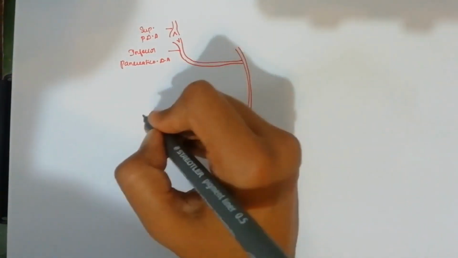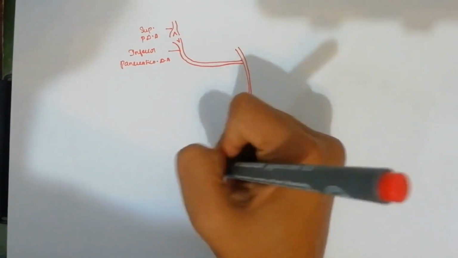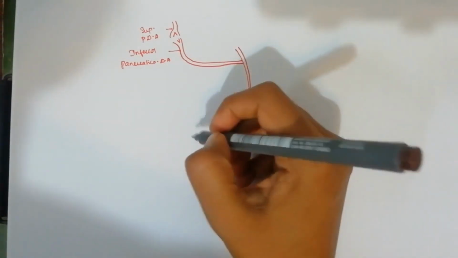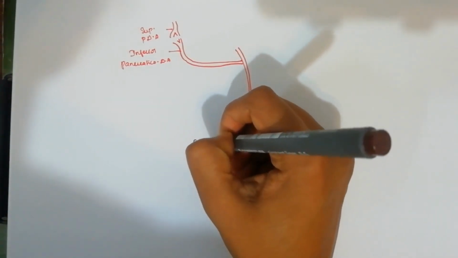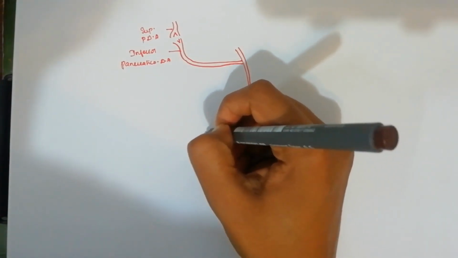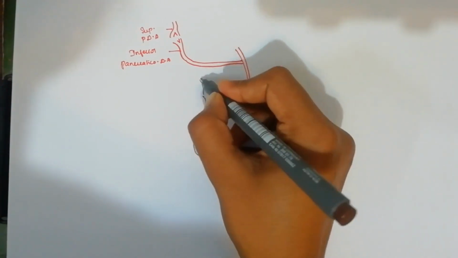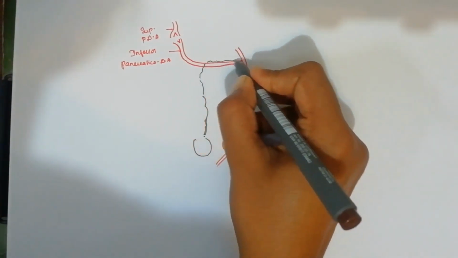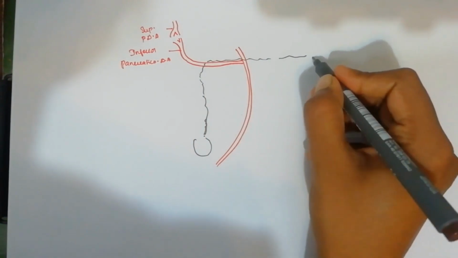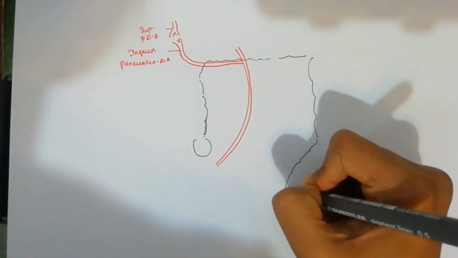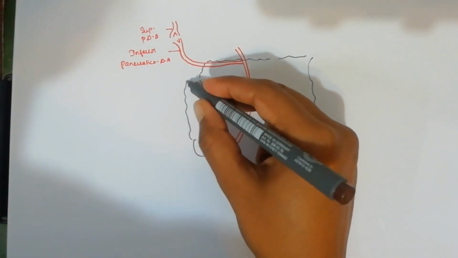This is the right side, and here we have colon present over here. So we will be having distribution to the colon over here. Just imagine we have colon which has cecum, then ascending colon, then transverse, and then descending with sigmoid colon.